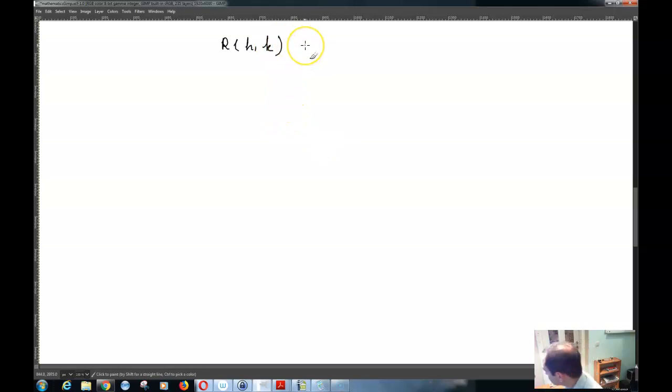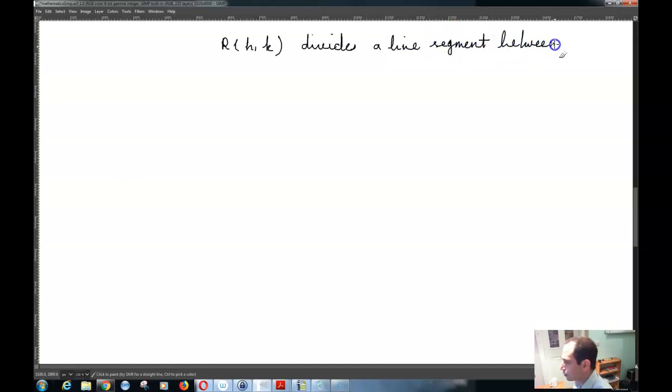So this divides a line segment between the axes in the ratio 1 to 2. And now you want to find the equation of the line.